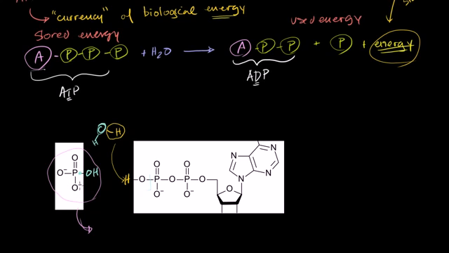So if you imagine that this oxygen right here has an extra electron with it, that extra electron right there could come down here and then form a double bond with the phosphorus. And then this electron right here can jump back up to that oxygen. And then that could happen on this side and on that side, and I won't go into the details, but that's another reason why it makes it more stable. If you've already taken organic chemistry, you can appreciate that more. But I don't want to get all into the weeds.